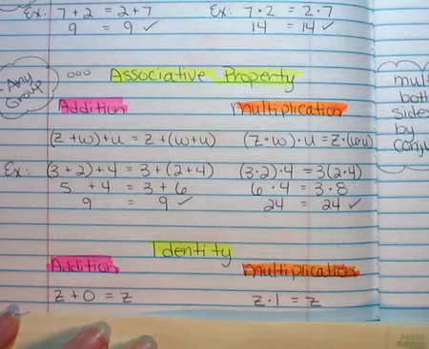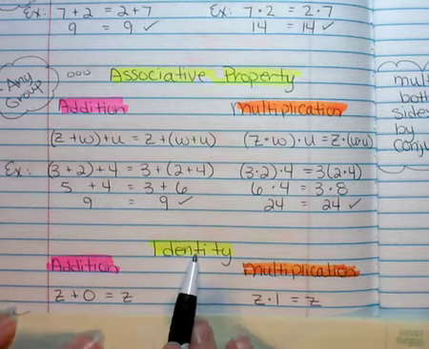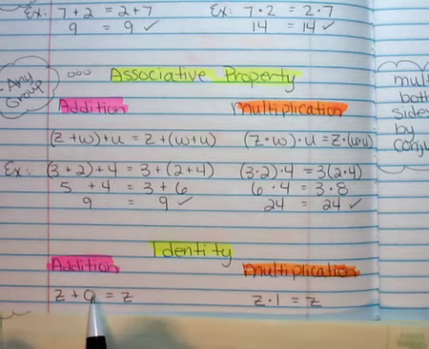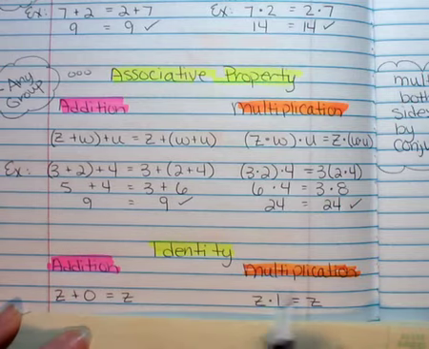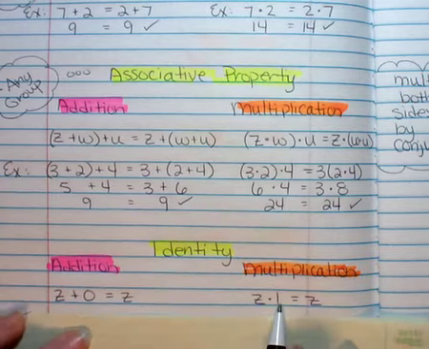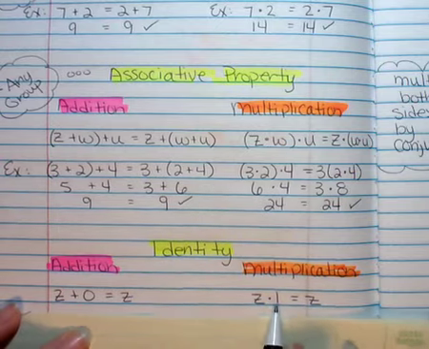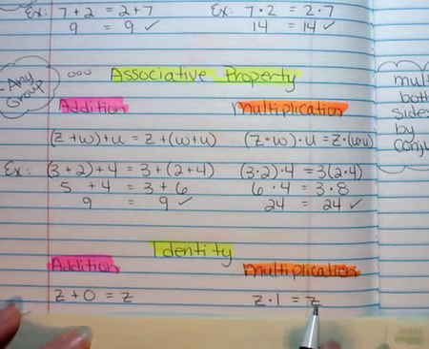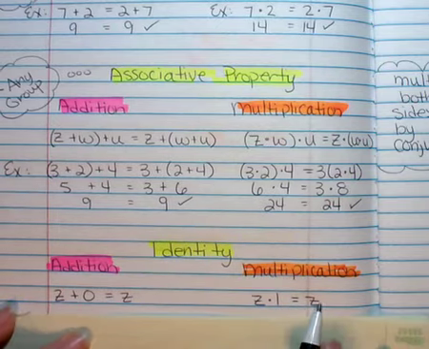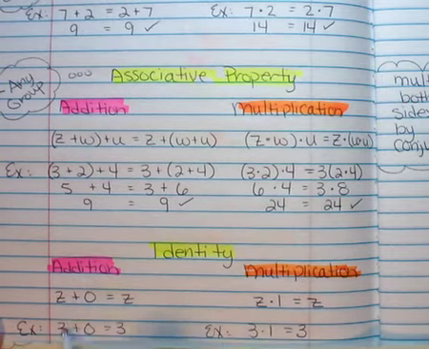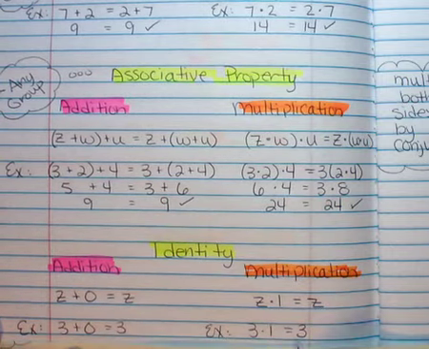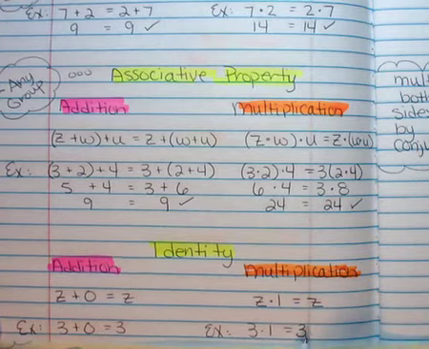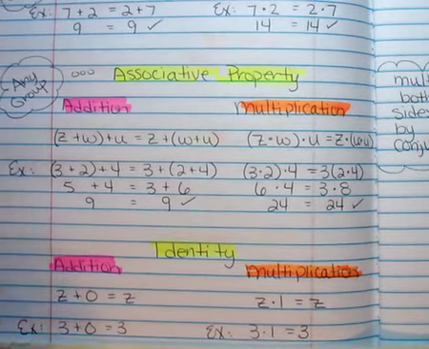So our identities mean that no matter which number we choose, if we add 0, we'll always get z. Or if we multiply by 1, our multiplicative identity is 1, because if we multiply by 1, it equals whatever number we started with. So for example, 3 plus 0 equals 3, or 3 times 1 equals 3. We get the same number we started with.